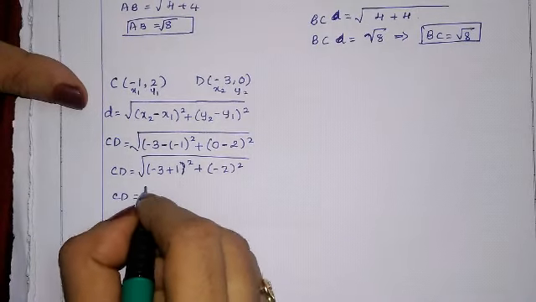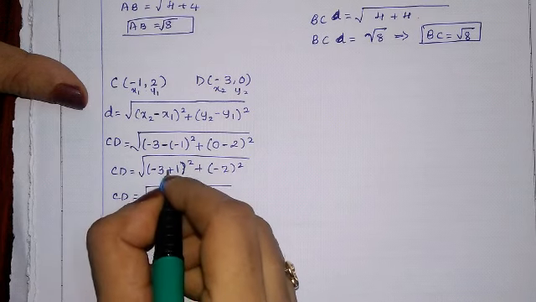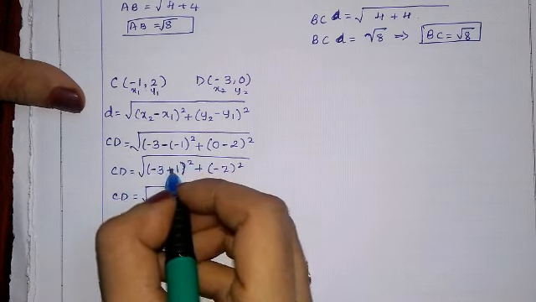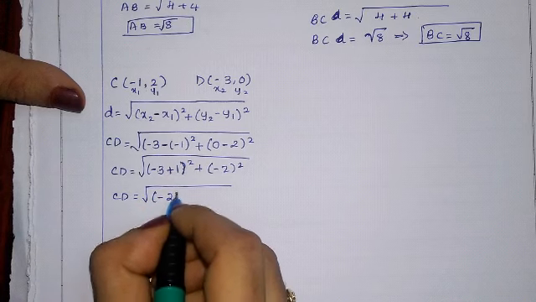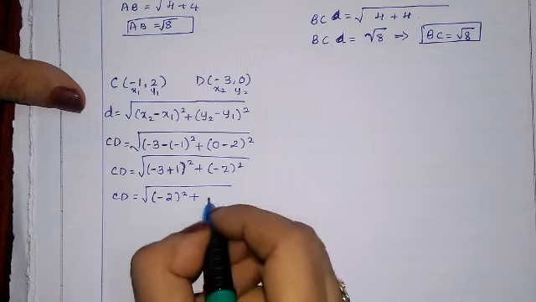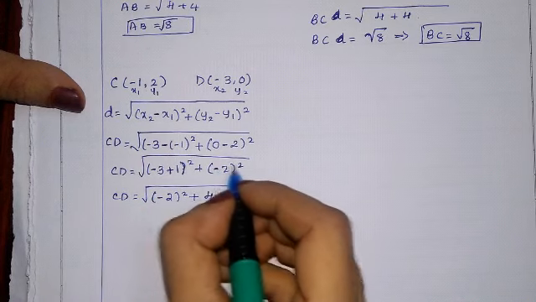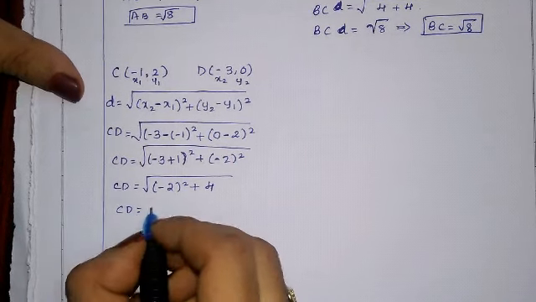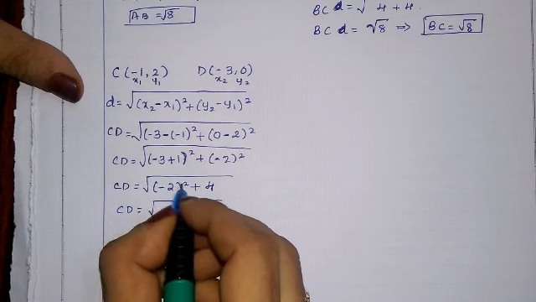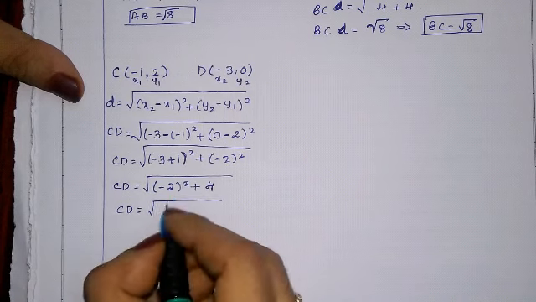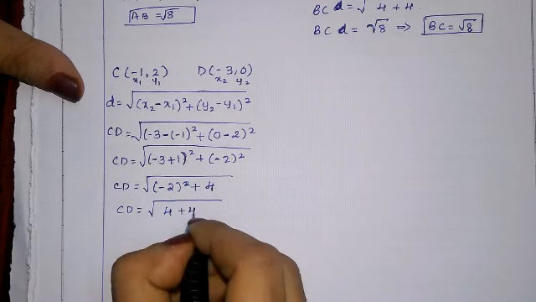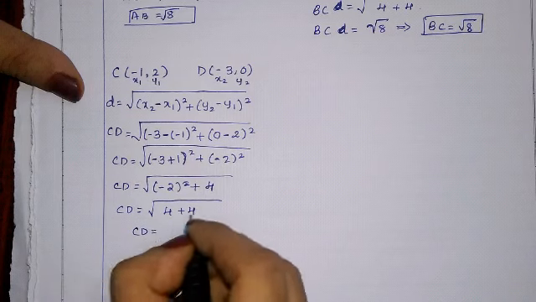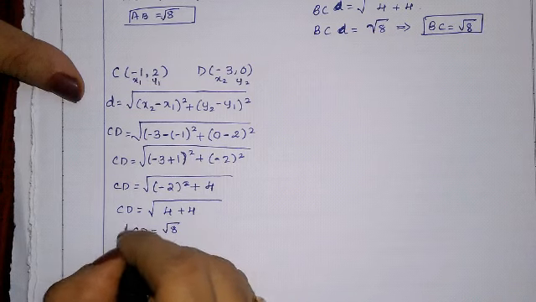A negative number square is positive: 4 plus 4. CD also we got root 8.